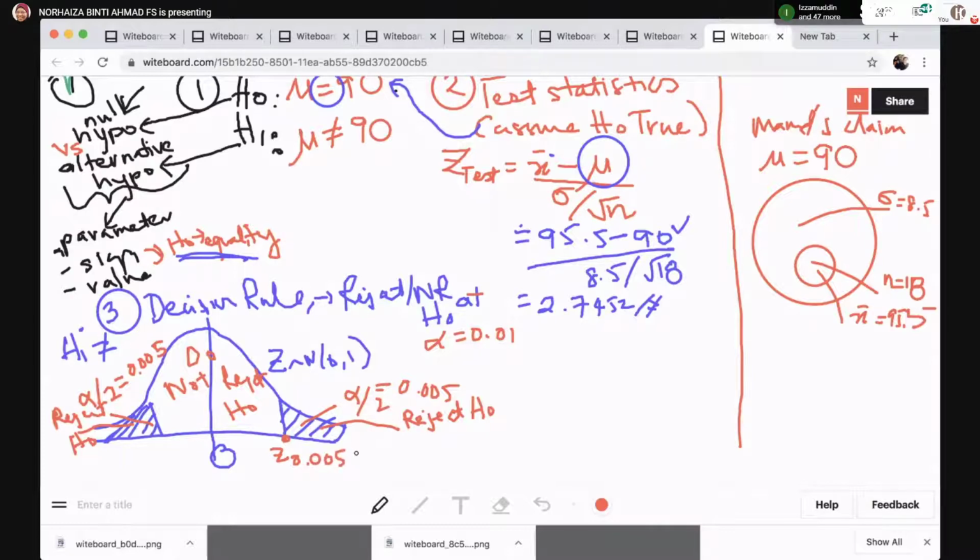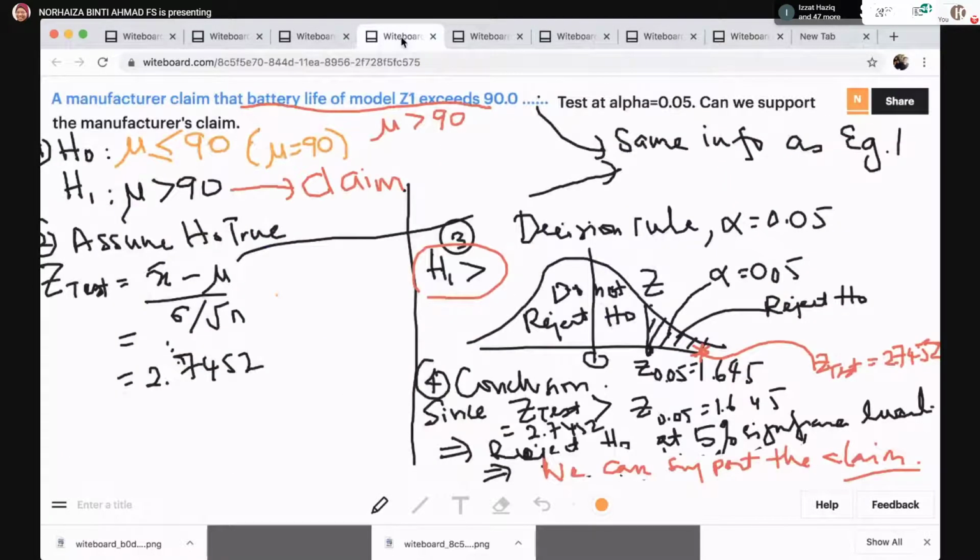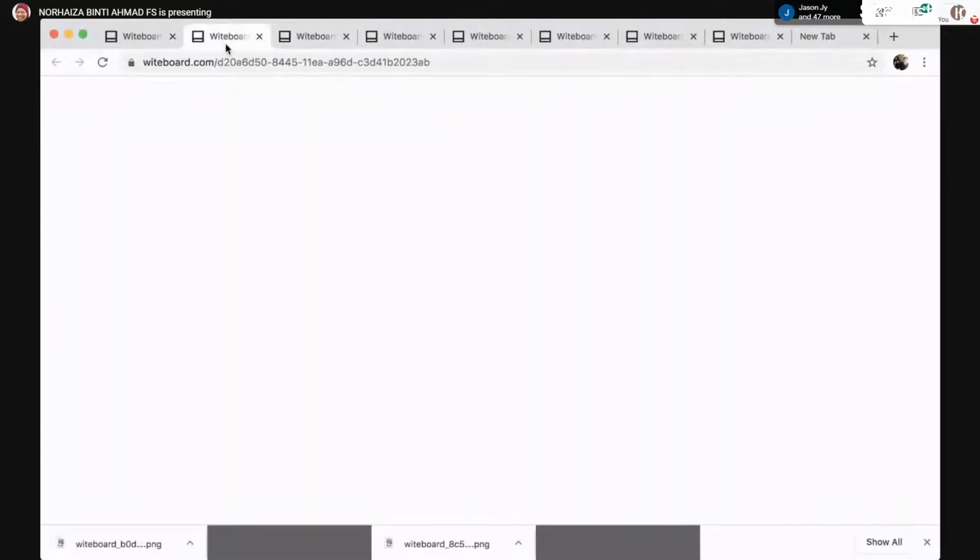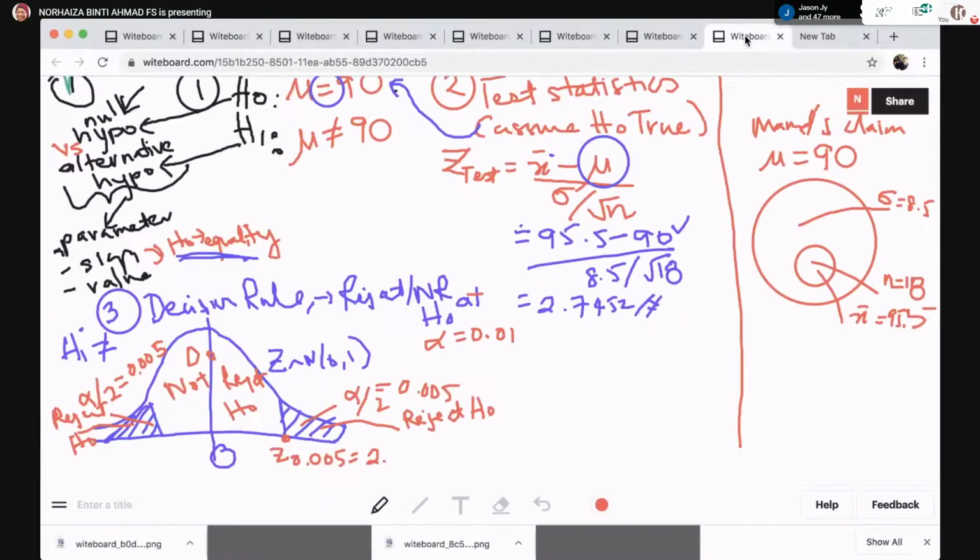So if this is alpha 0.01, the corresponding value for here is Z 0.005, which is going to be 2 point what? What is that value? Anybody? 2.5 something?